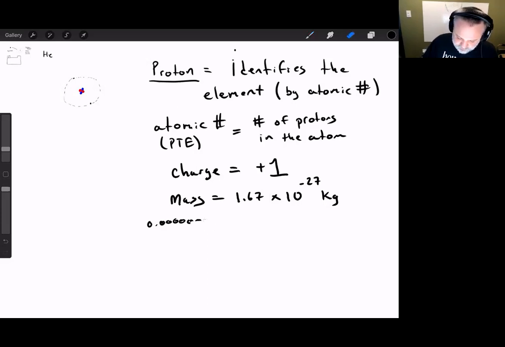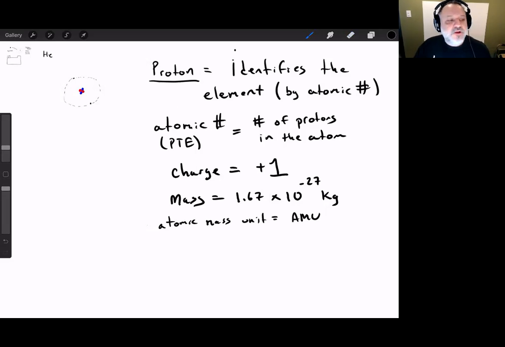Let's invent a new unit. Let's call it the atomic mass unit. We're going to call it the AMU. And we're going to establish that the atomic mass unit will be something that's a little bit more tractable, something that we can deal with.